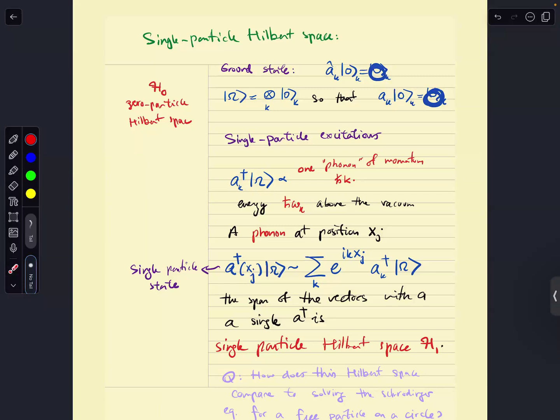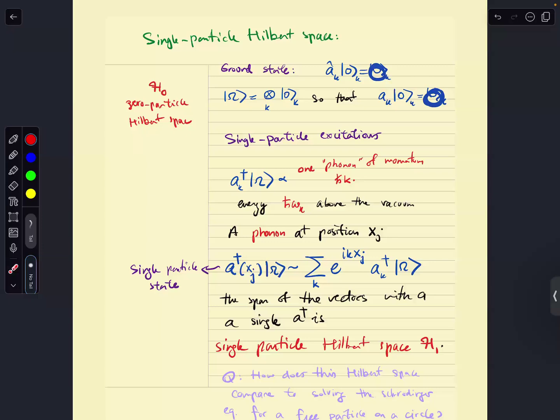You could have a single particle of momentum k1 superposed with a single particle of momentum k2. If you act with two A daggers, that's a two particle state.